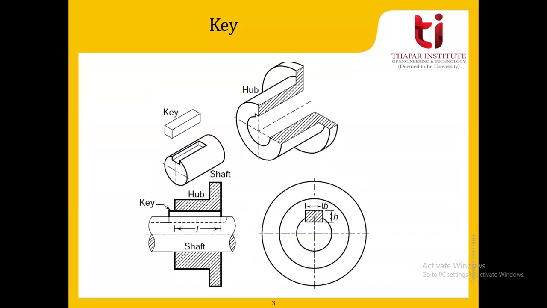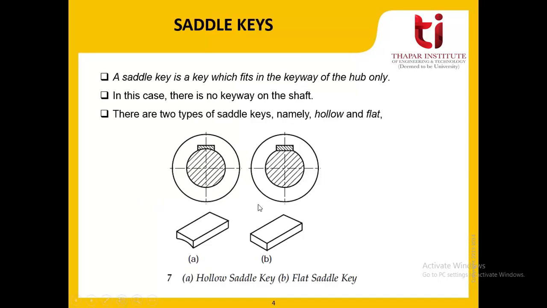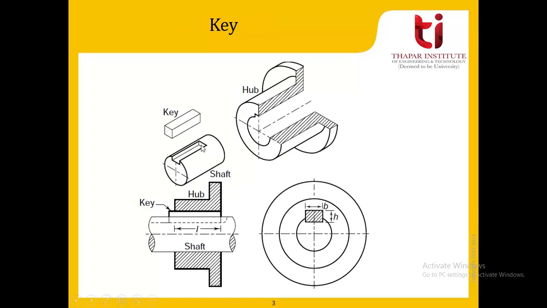So here you can see in the diagram, when the key is inserted, this is a shaft where the keyway is present, and this is a hub. The keyway is also present here, and the key dimensions, if we see, its cross section is square or rectangular, and it has certain length.